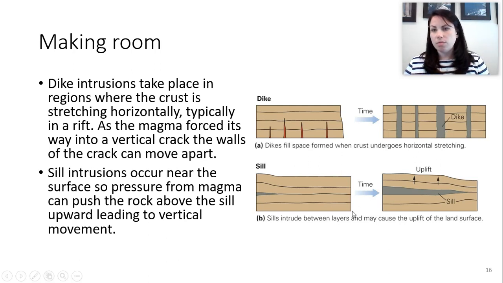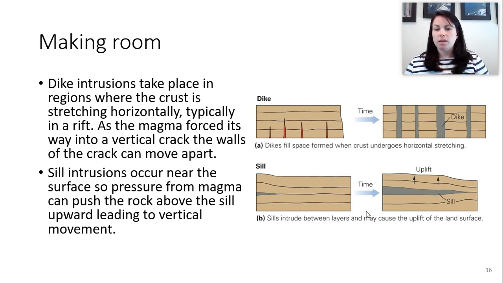And the opposite of that is a sill intrusion. Sill intrusions occur near the surface, so that the pressure from the magma can push the rock above the sill upward, leading to vertical movement. Sills intrude between layers, and this may cause uplift of the land surface.